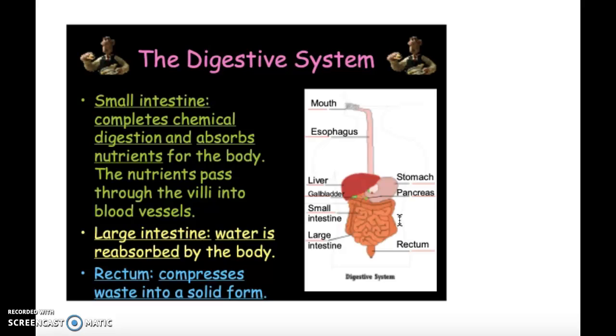You can pronounce it any way you want. And the large intestine reabsorbs any water that the body might need later. And then we have the rectum, which compresses the waste into a solid form and throws it out of the body in the form of feces.